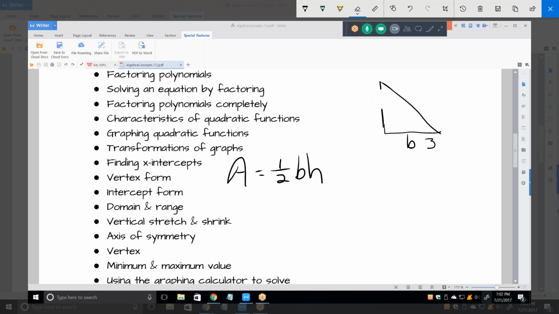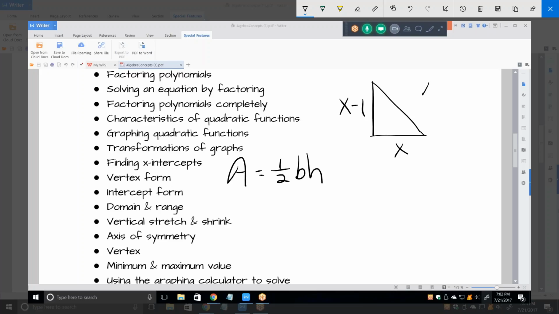Now, the kind of problems you're going to get in geometry are going to look like this. They're going to tell you the base is a variable, and that is x minus 1.